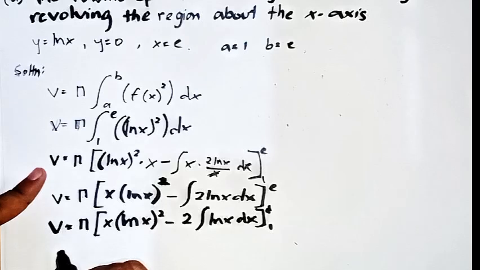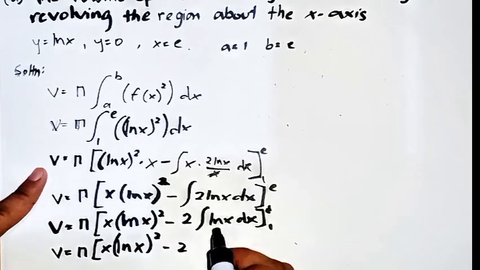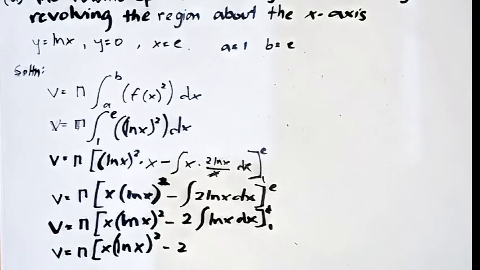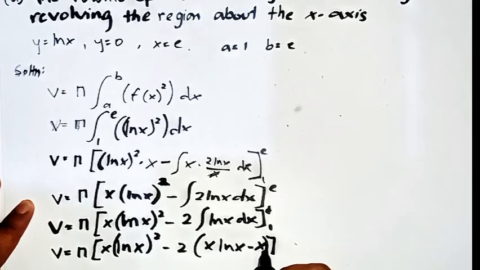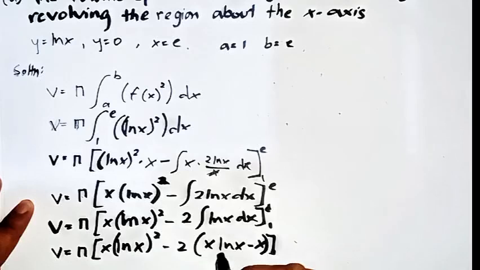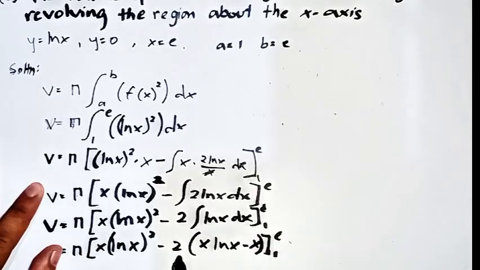V is equal to pi times x ln x squared minus 2 times the integral of ln x dx, which we already solved in the previous letter, letter A. So the integral of ln x dx is x ln x minus x, from 1 to e.